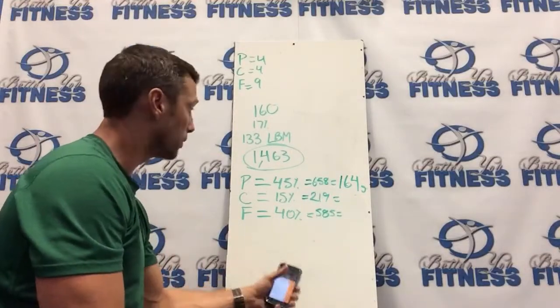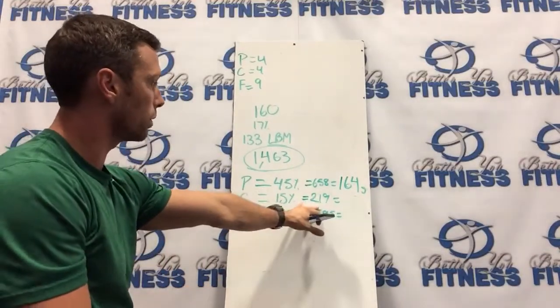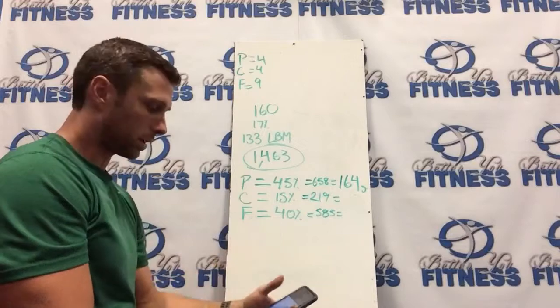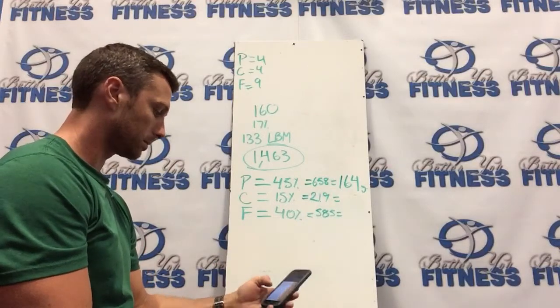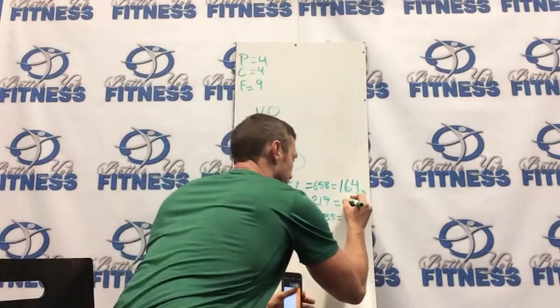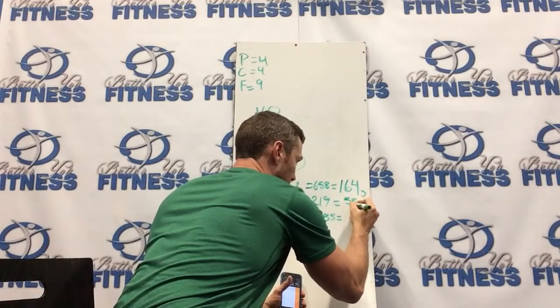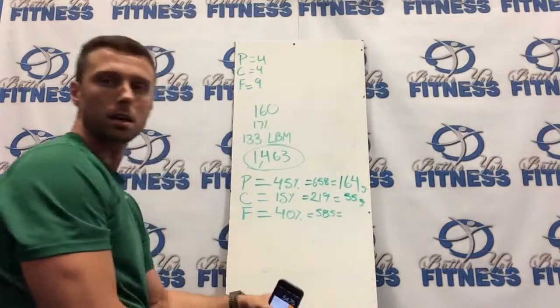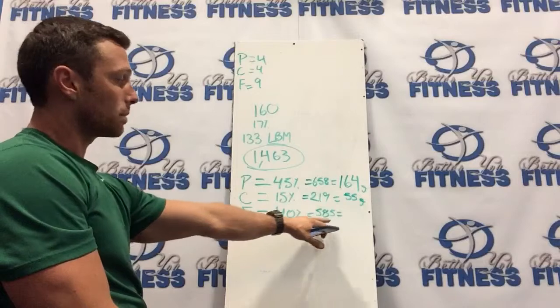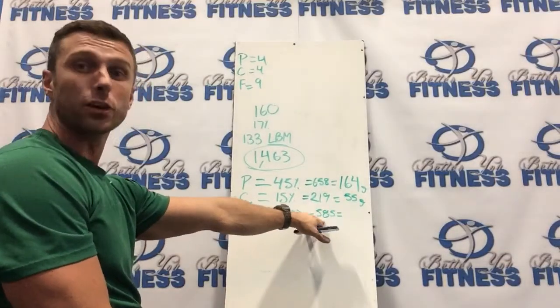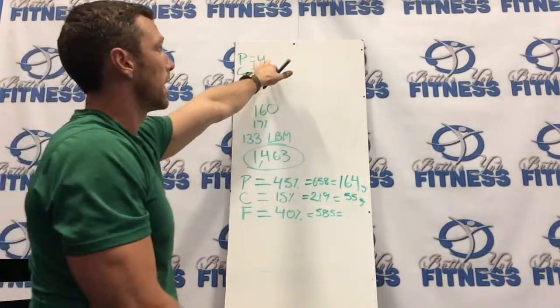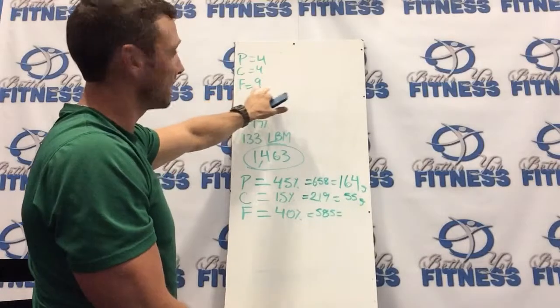So take the same thing: 219 divided by 4 is about 55 grams. Now, the next number is the fat, 585. You're going to divide it by 9, because remember, it's not 4 calories per gram, it's actually 9 calories.